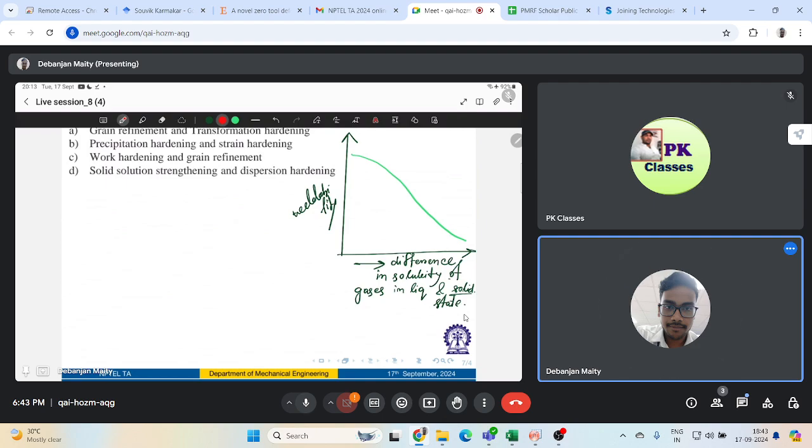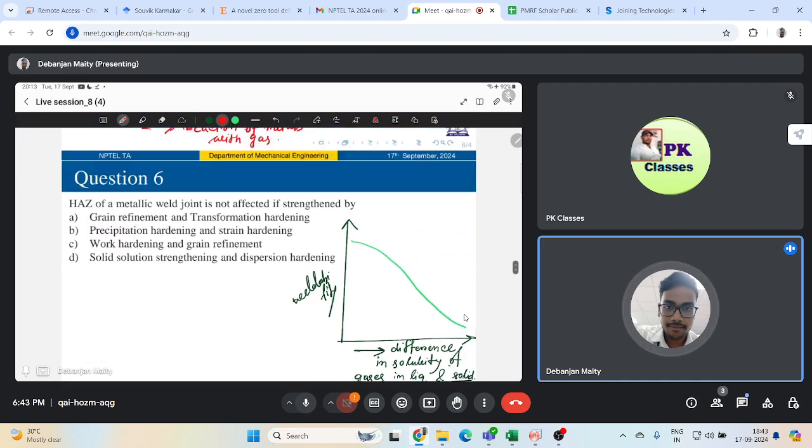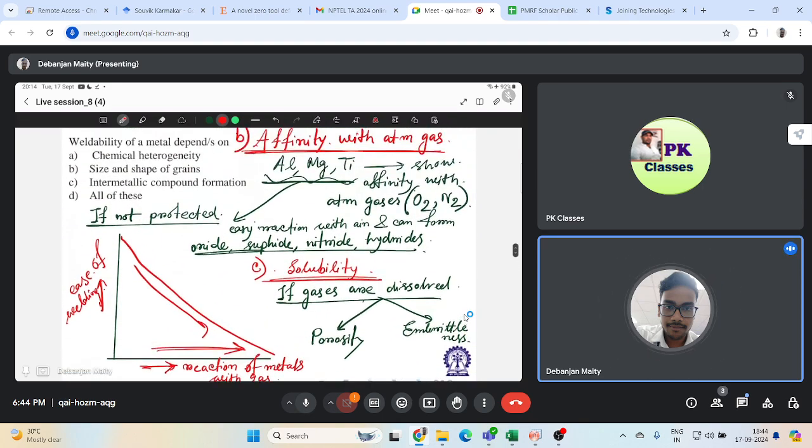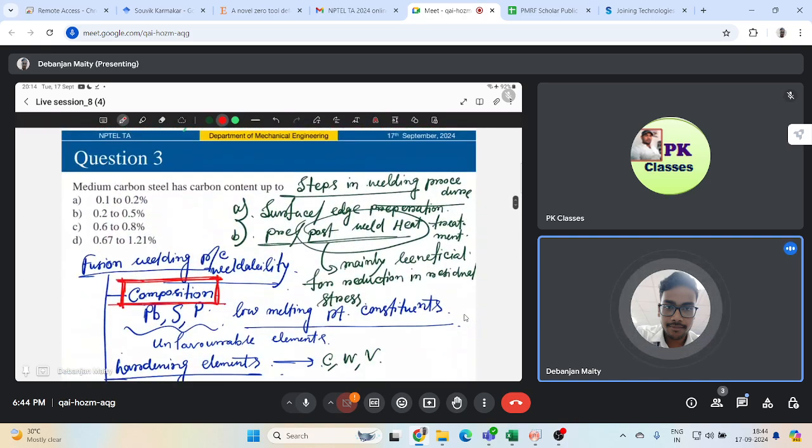Any question till now? Okay. So the next parameter is, this was C, and next is D. I have talked about solubility and composition.